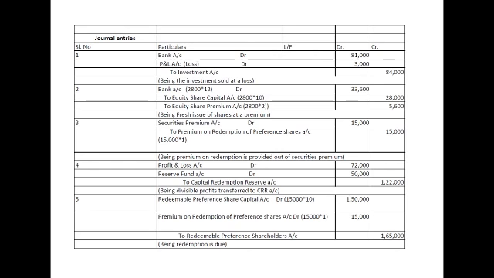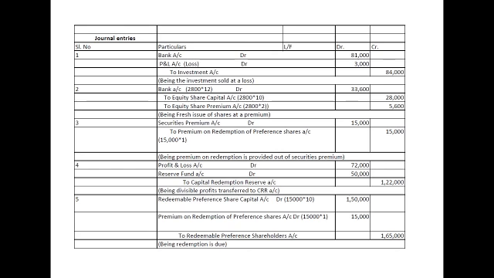And the last journal entry is with respect to the transfer of the redemption amount to the preference shareholders account. So redeemable preference share capital account debit, nominal value you have to take here 15,000 into 10, 1,50,000. Then premium on redemption of preference shares account debit, premium amount you have to write 15,000 into 1, 15,000.